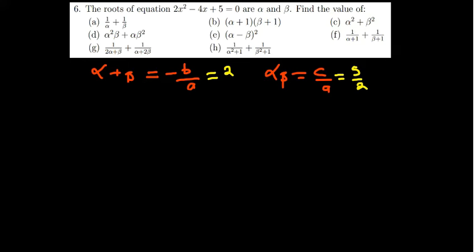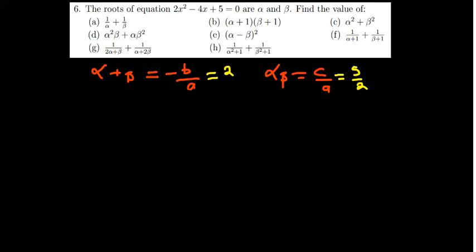What's important is us being able to express it in the form of alpha plus beta and the product alpha beta, because if alpha and beta are the roots of the equation, we're able to find the addition of alpha and beta and also their product.